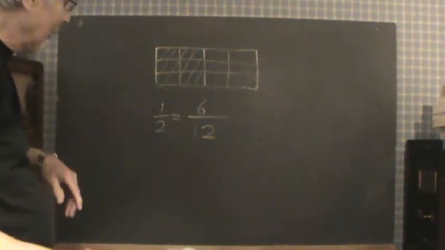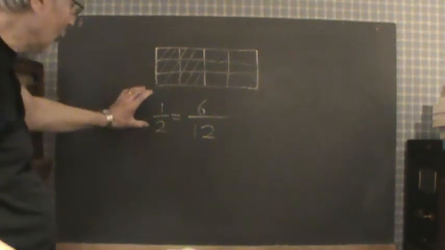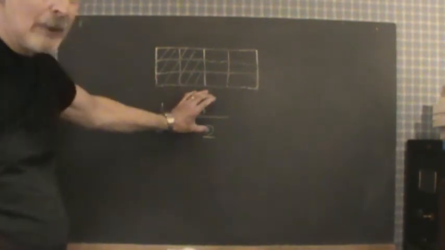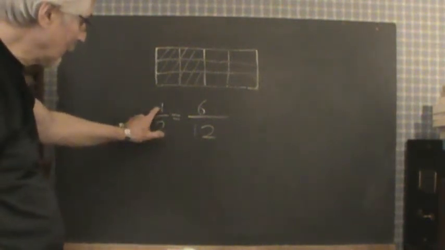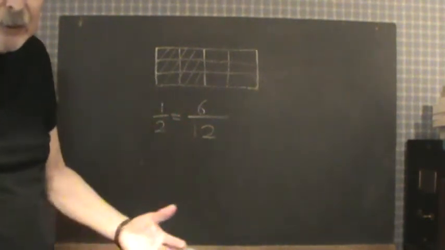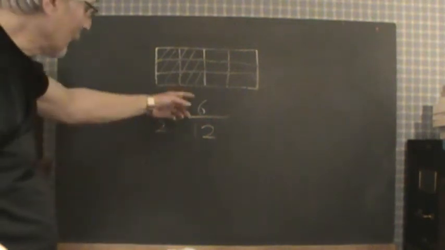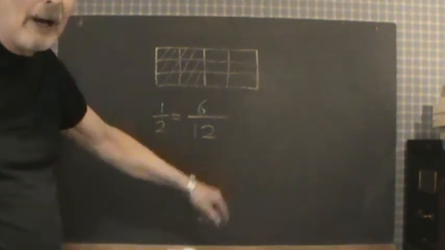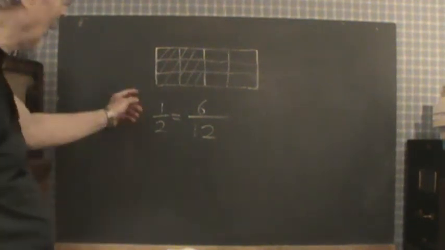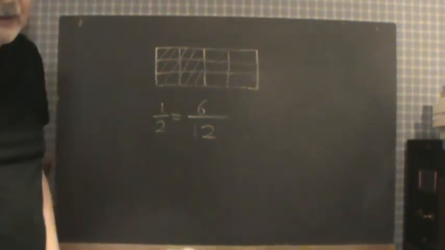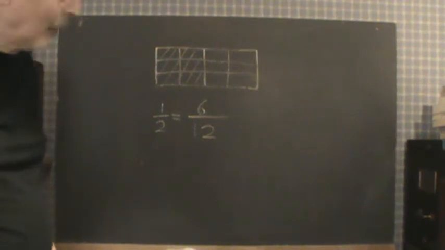And the important thing here is that if you want to change a fraction into something that means exactly the same, you have to multiply the top, which incidentally is called the numerator, by the same number that you multiply the bottom. Bottom's the denominator. Doesn't matter what you call them, but you've got to have a multiple that's the same for the top and the bottom.